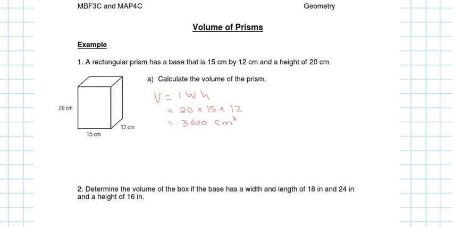Okay, so there is one. 1 liter equals 1,000 centimeter cube. I'm going to give you this: 1 centimeter cube is actually equal to 1 milliliter. So when I say centimeter cube, that's the same thing as milliliter.